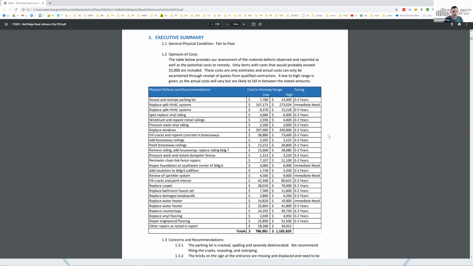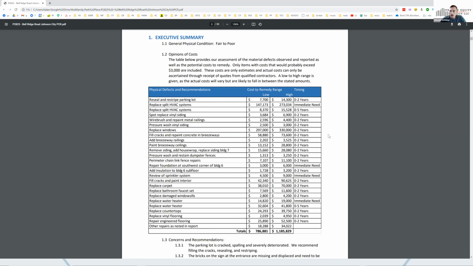This one is 99 pages, the report that Duke has up here. It's a 99-page report with an opinion of the price to renovate it, and their opinion is usually on the higher side. So where they're saying 786 to 1.1 million, realistically it's probably a 500 to 600K job.